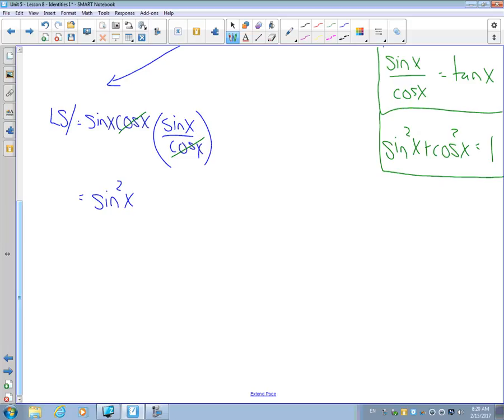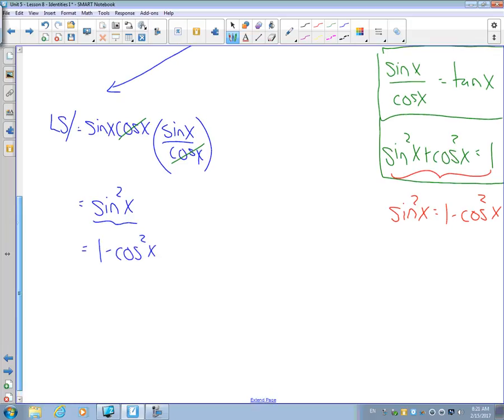Now, what do I know about sine squared? So here's a tricky idea. This identity can be rearranged like we did x squared, y squared, r squared. I can also use it with sines and coses and 1s. I hope you would agree that I can bring the cos squared over. That kind of looks like what I have over here in my question. So I can replace sine squared with 1 minus cos squared.